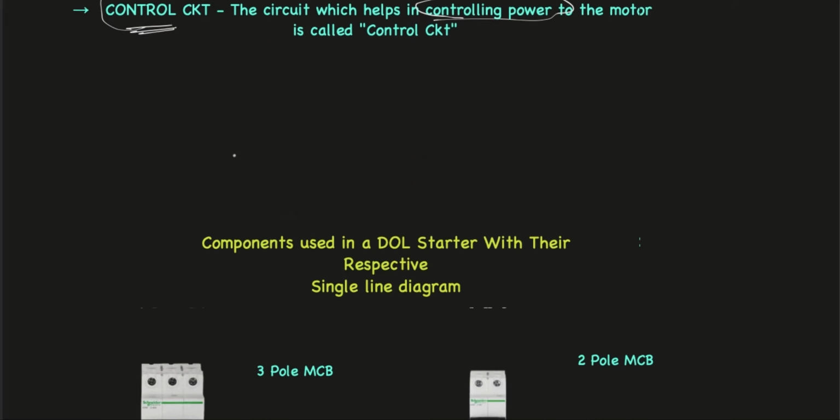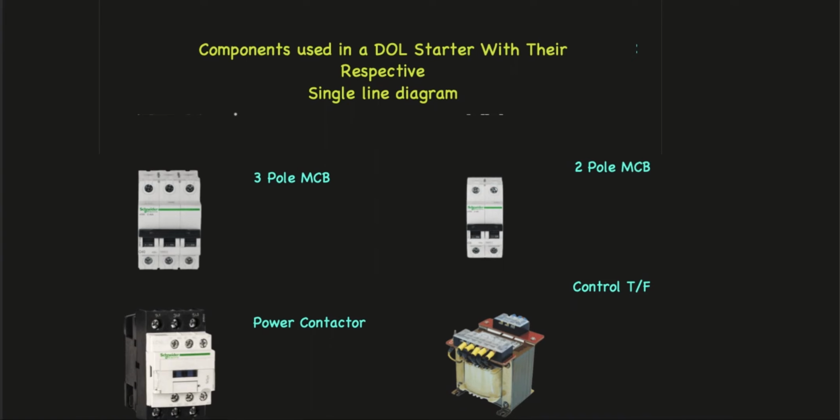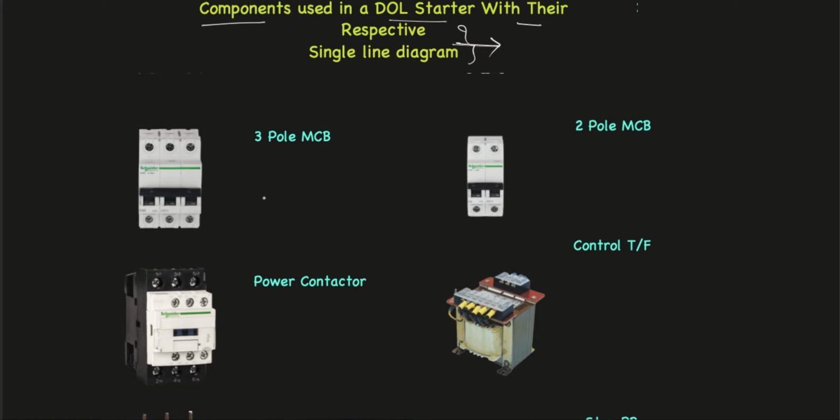Before drawing the circuit of a DOL starter, let's understand the components used in a DOL starter with their respective single line diagrams. These are the components used in a DOL starter. Here, this is a 3-pole MCB. It looks like this, and we will connect the main supply to these terminals, and the output comes out from these terminals.